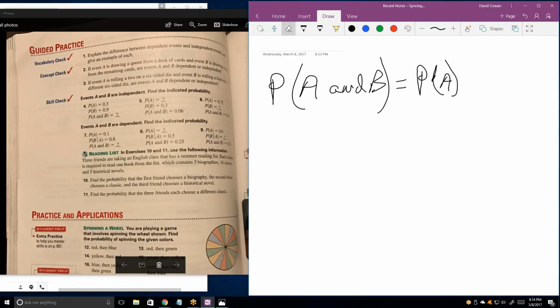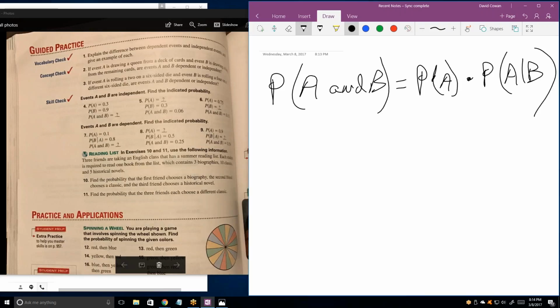It's the probability of A times the probability of A given B has already happened. That's the way you write it, with a line between the A and the B. In other words, this is conditional probability.